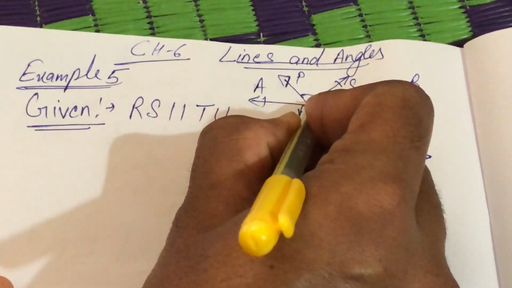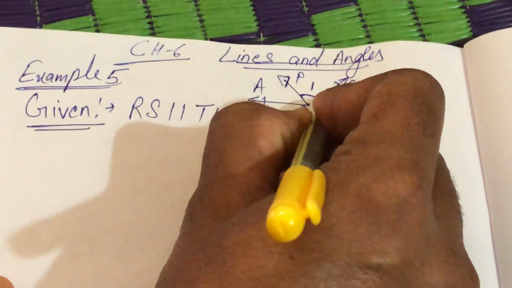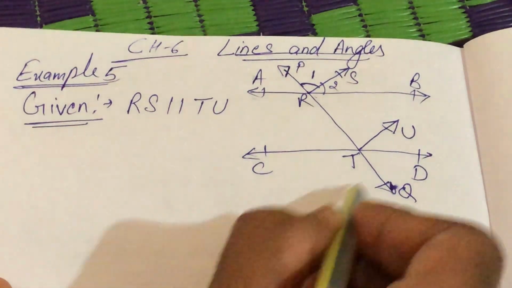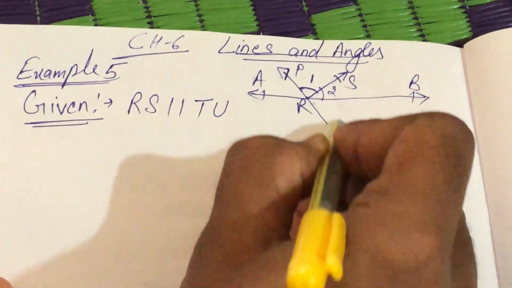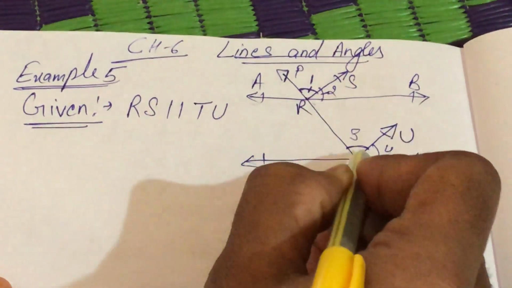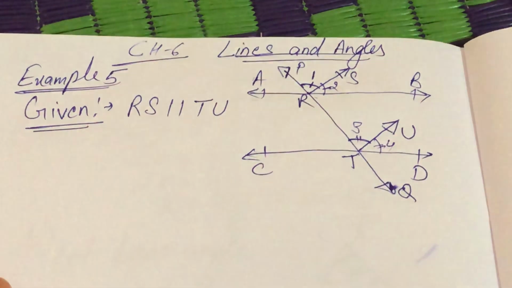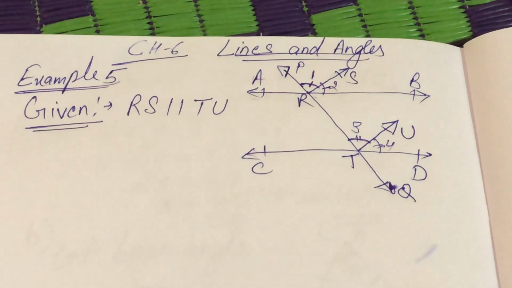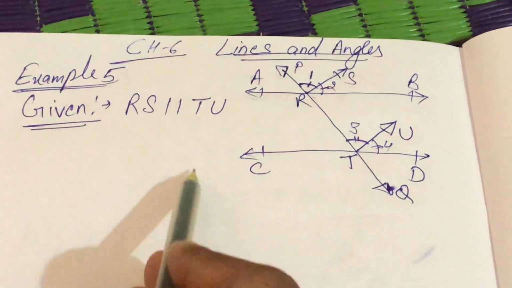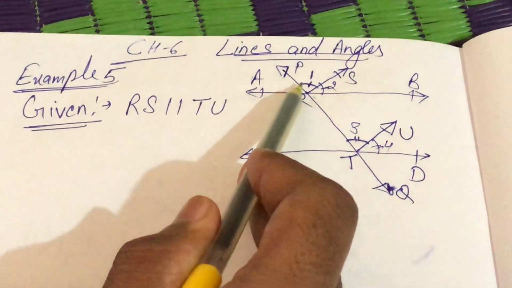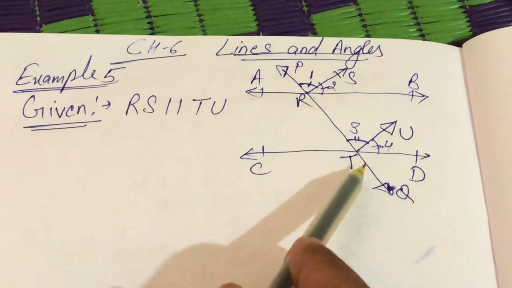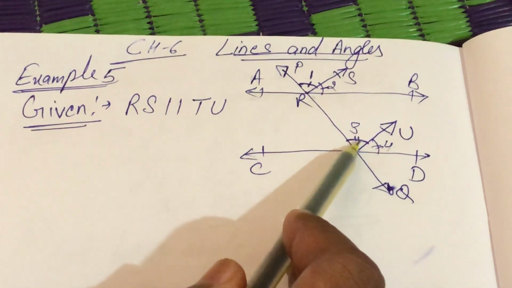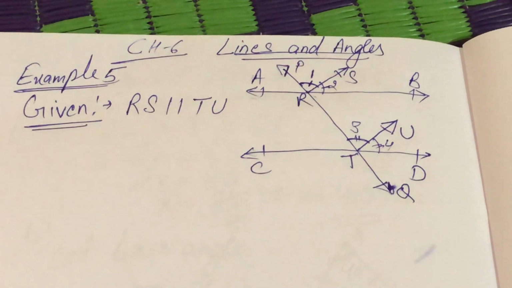That means angle 1 and angle 2 are equal, and angle 3 and angle 4 are equal. RS is parallel to TU. Angle 1 and angle 2 are equal because RS is the bisector. TU is the bisector, so angle 3 and angle 4 are equal. These are the things given.